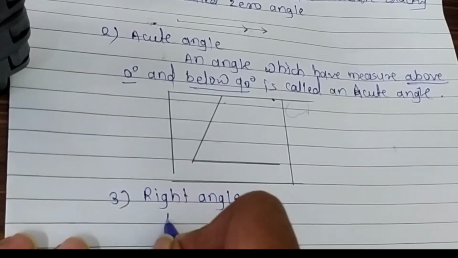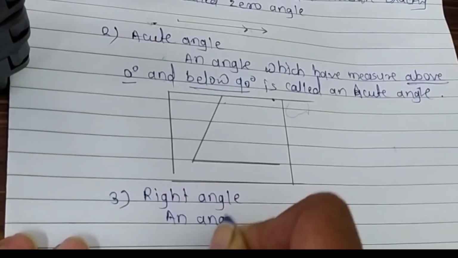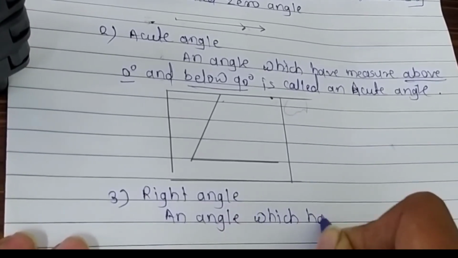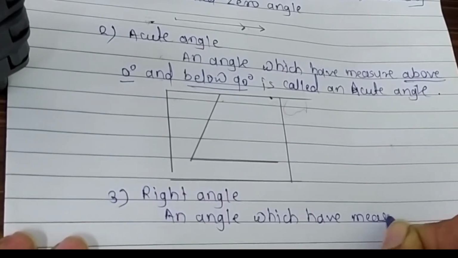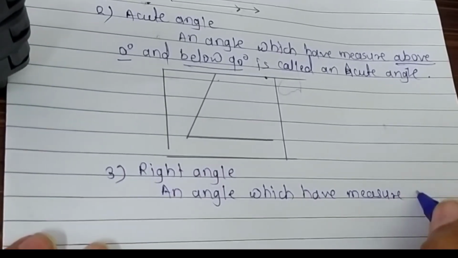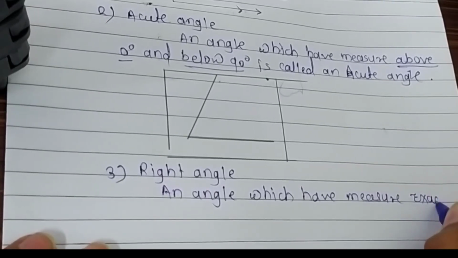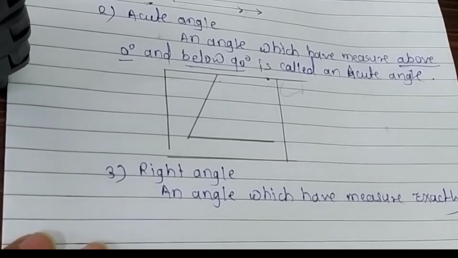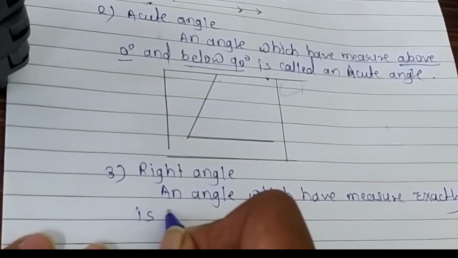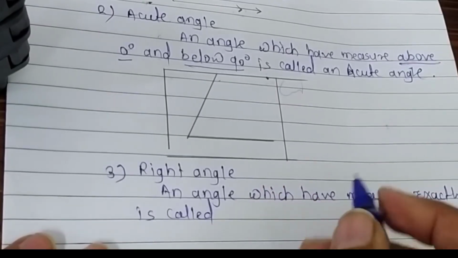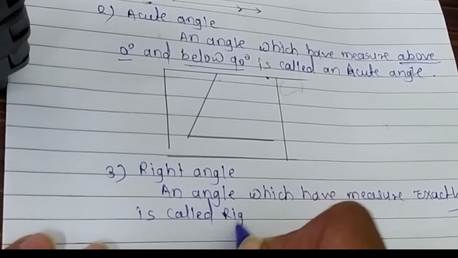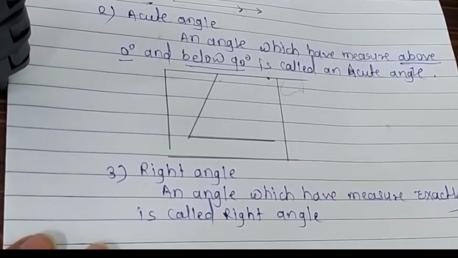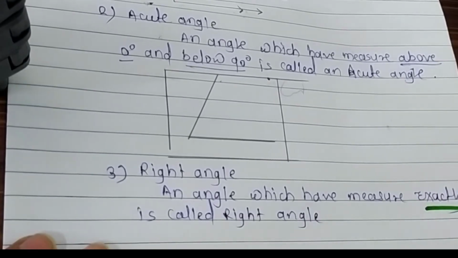An angle which has a measure of exactly 90 degree is called a right angle. So a right angle measures exactly 90 degree. Remember it.